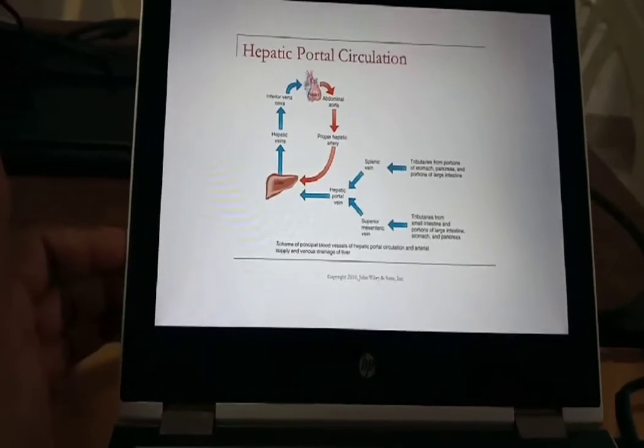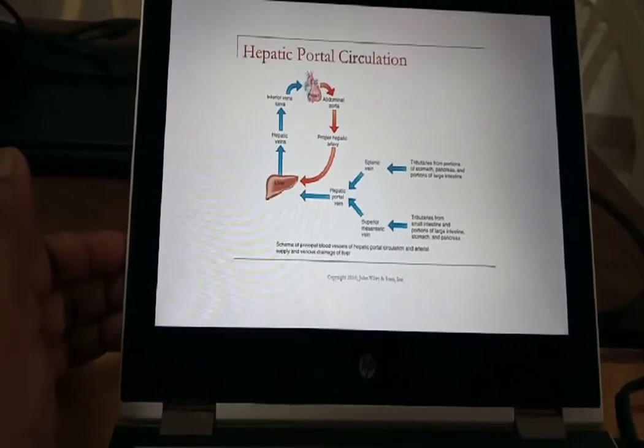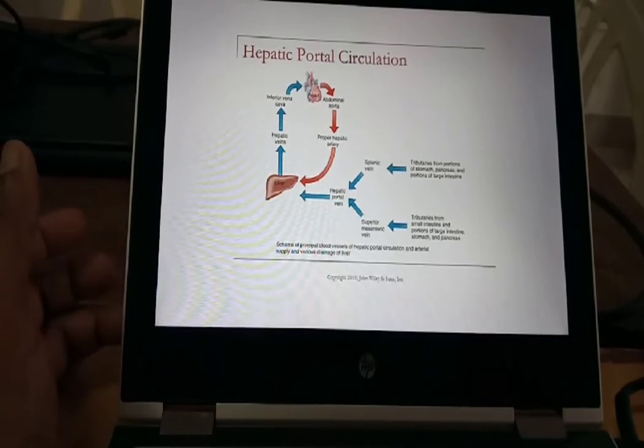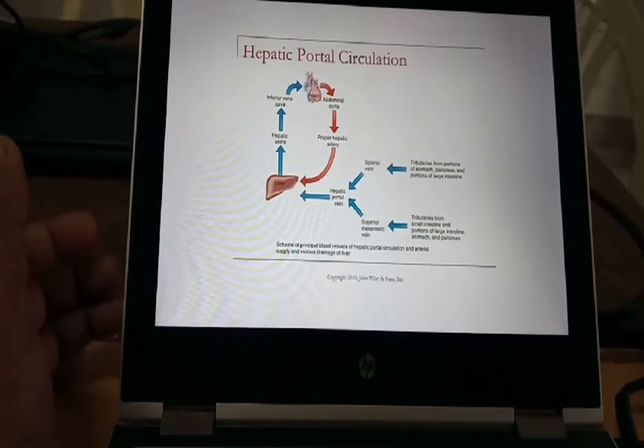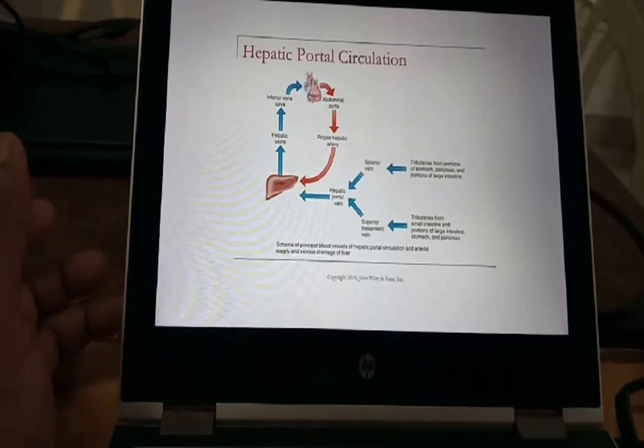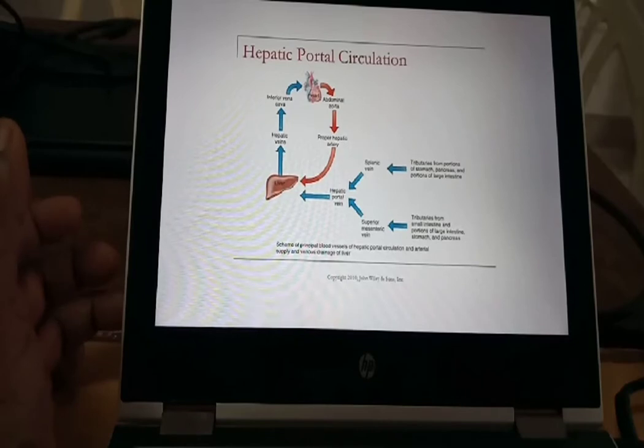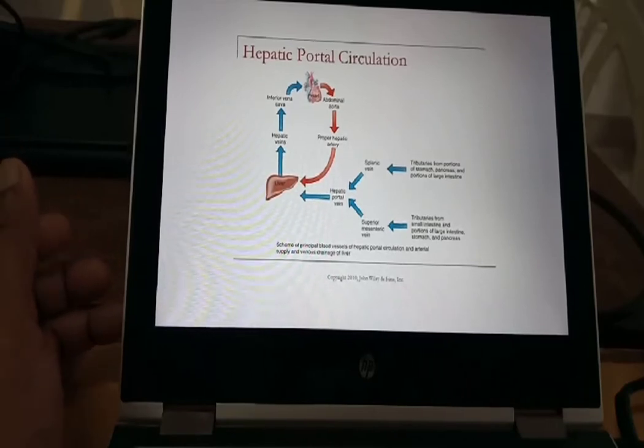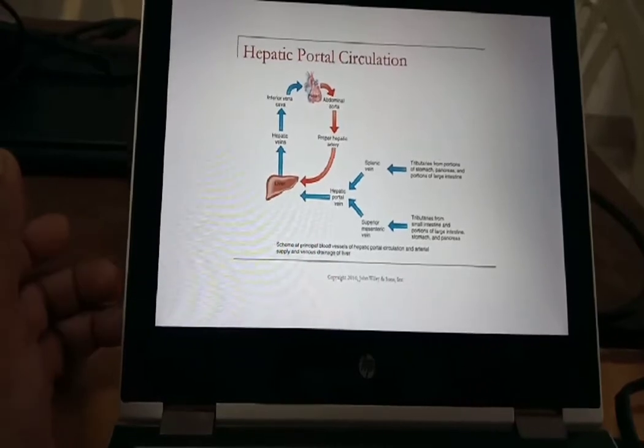The superior mesenteric vein takes blood from the small intestine, from the second part of the duodenum, right up to part of the large intestine, which is from the midgut. The superior mesenteric vein drains the midgut. It will take it directly into the hepatic portal system.